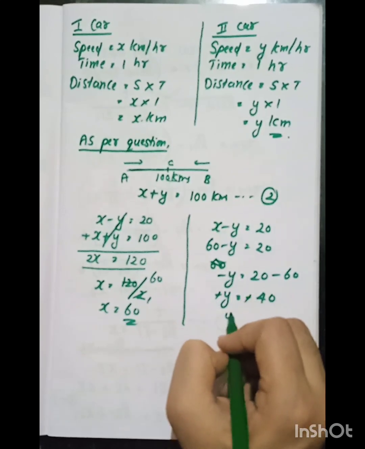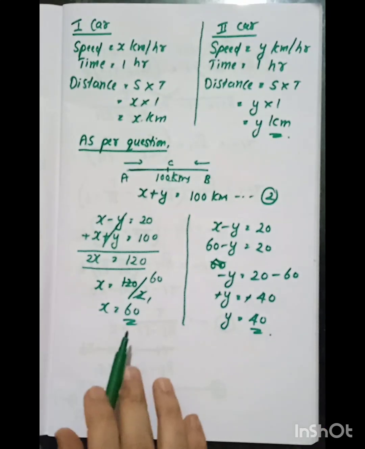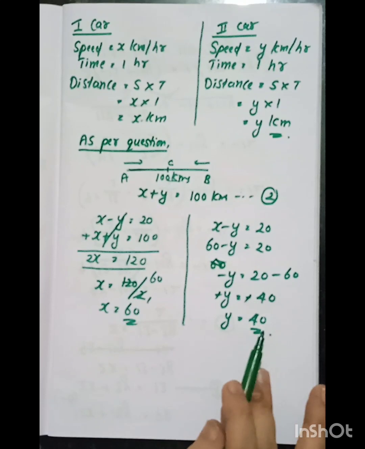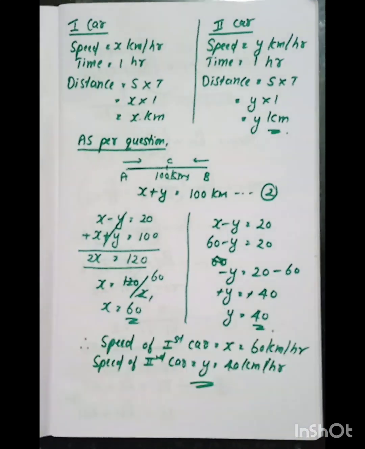Minus, minus get cancelled. y equals 40. So the speed of the first car is 60 kilometers per hour and the speed of the second car is 40 kilometers per hour. Therefore the speed of the first car, that is x, is 60 kilometers per hour, and the speed of the second car, y, equals 40 kilometers per hour. This is the answer.